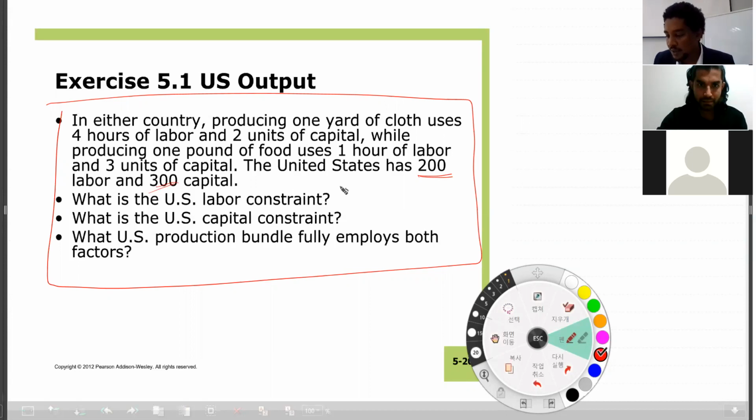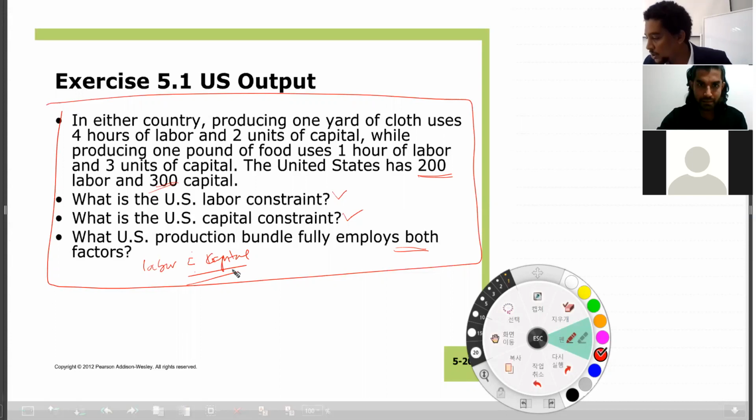So it is asking what is the US labor constraint, what is the US capital constraint, and what US production bundle fully employs both factors, which is both labor and capital, right?